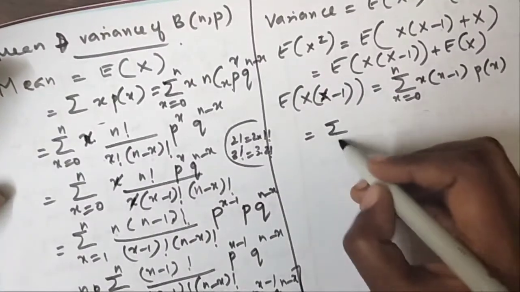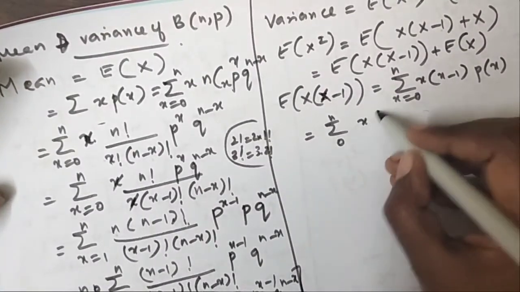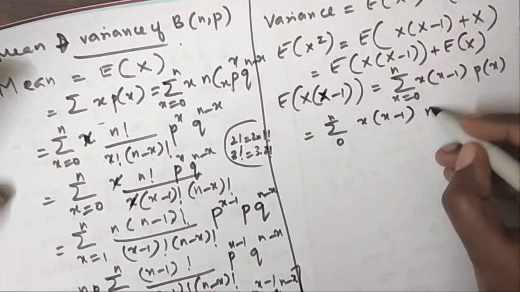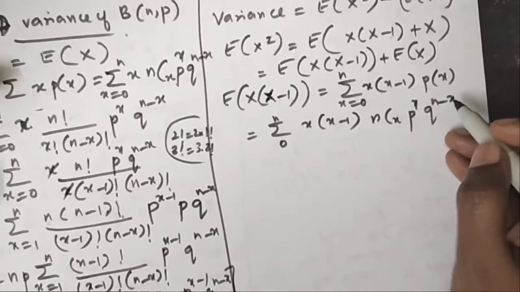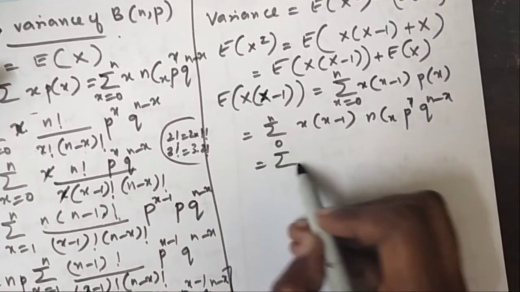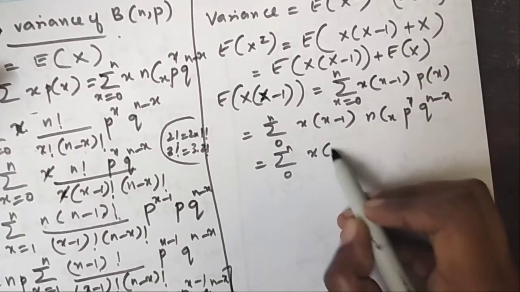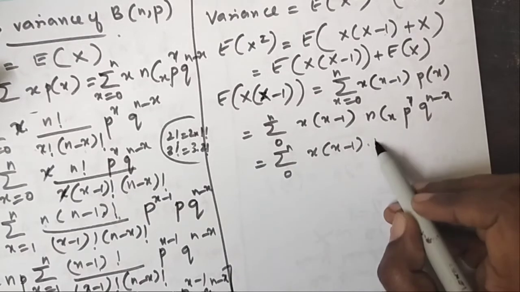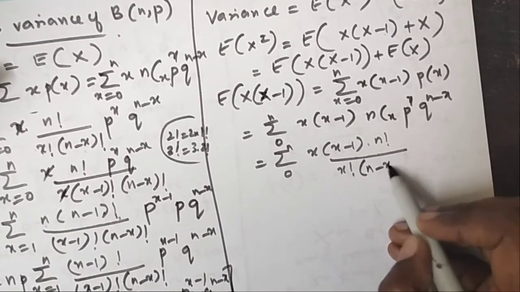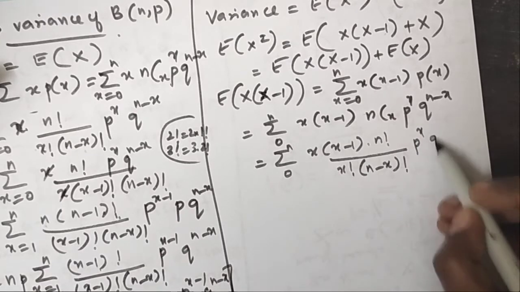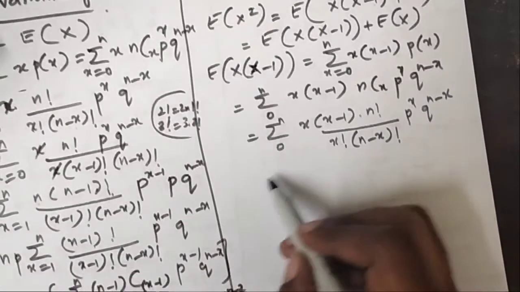And what is p of x? It is nCx p raised to x q raised to n minus x. And it is sigma 0 to n x into x minus 1. What is nCx? As in the previous case, n factorial by x factorial into n minus x factorial, p raised to x q raised to n minus x.